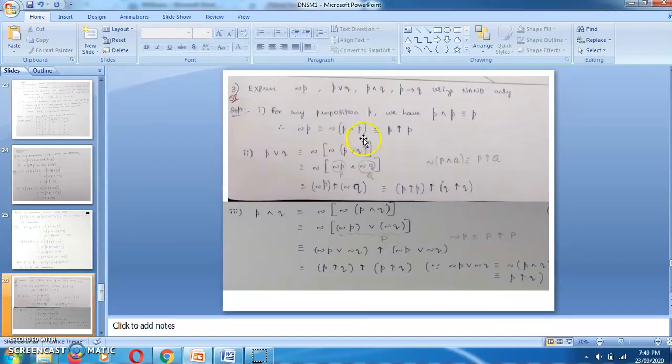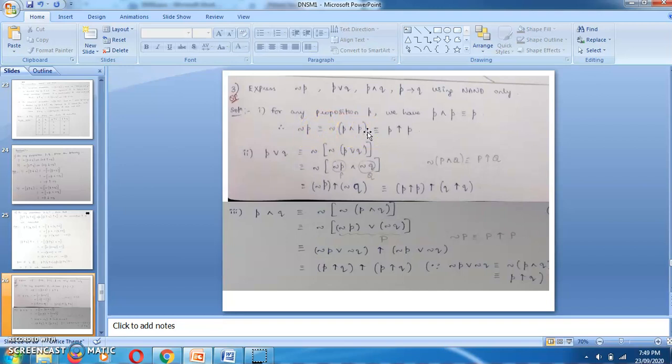Instead of q we have p, nothing else. So we can write it as p NAND p. The most important thing to be remembered here is p is replaced with p and p.